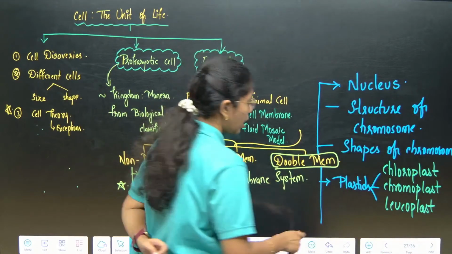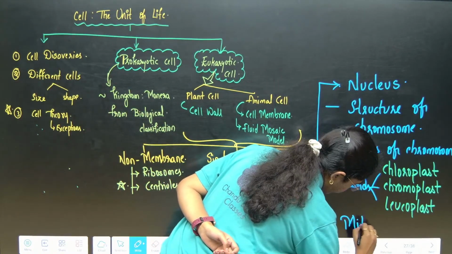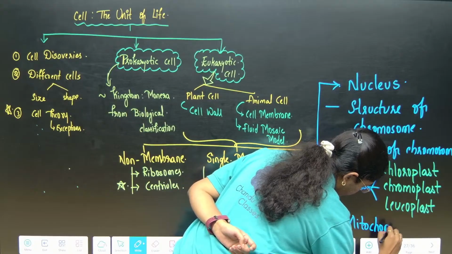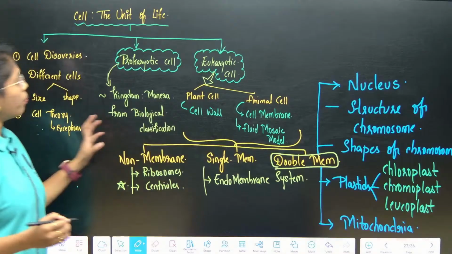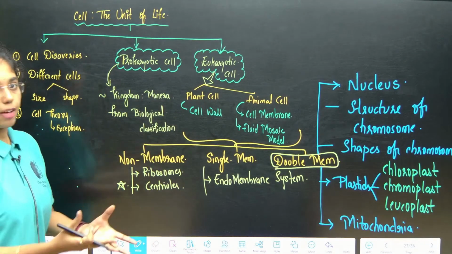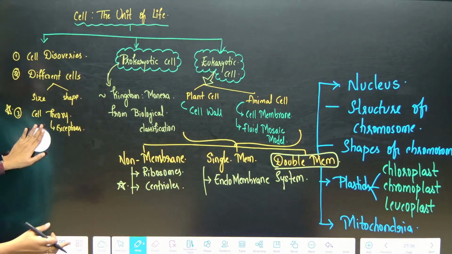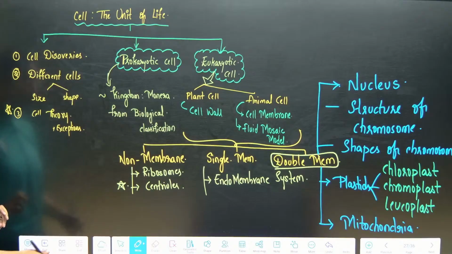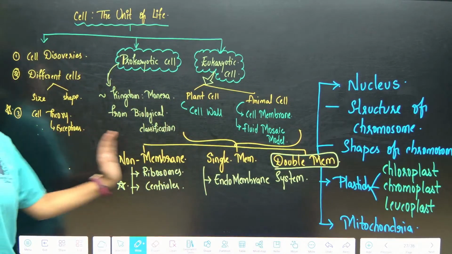Fine, right beta. Lastly, it is mitochondria. This is the complete framework of this chapter. No question will escape from the contents that we have put over here in this single slide, either from your EAPCET or from your NEET exam. Okay. So, this should be a flow of preparation beta.